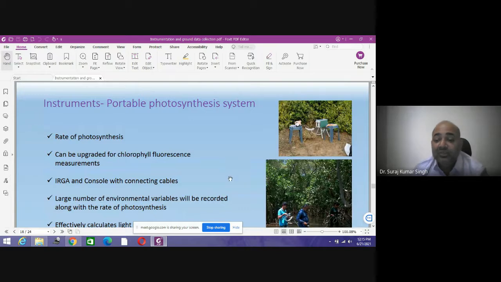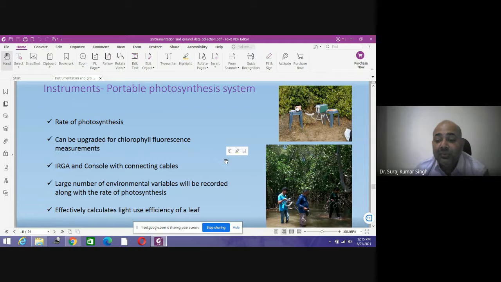If you are interested in some photosynthesis type of instrument or equipment, such an instrument calculates the rate of photosynthesis, and it can be upgraded for chlorophyll fluorescence measurement.